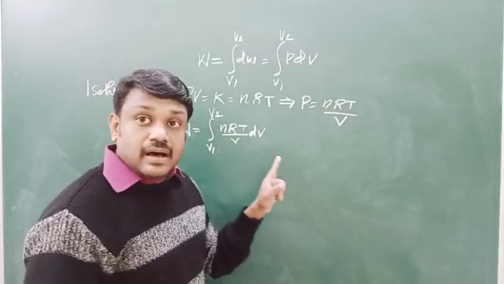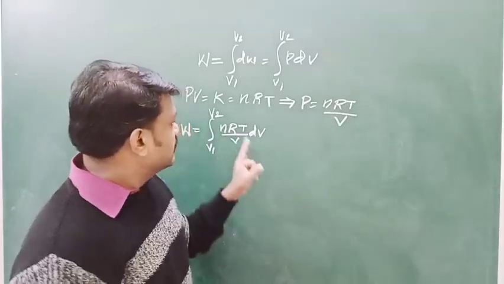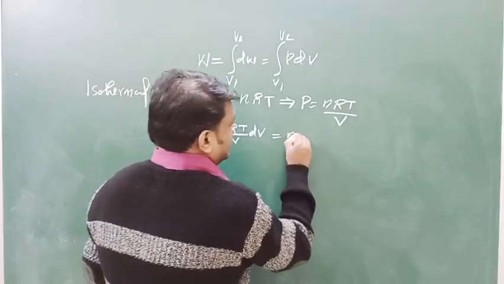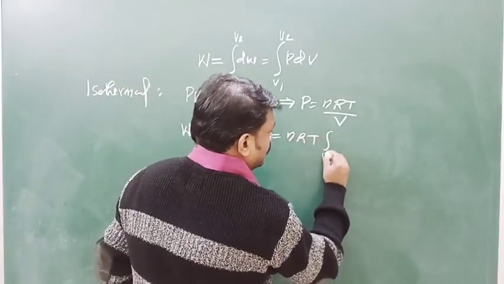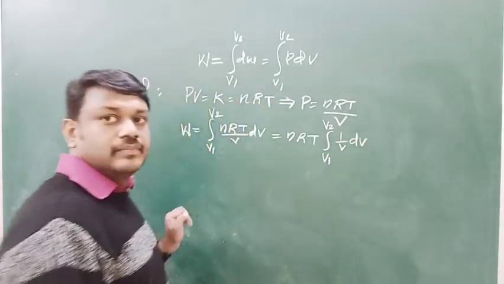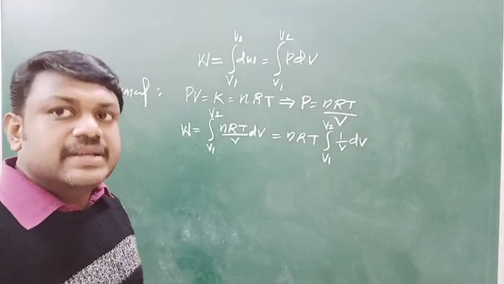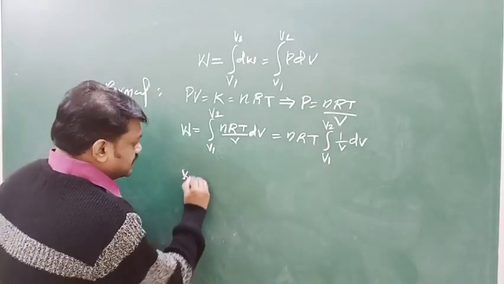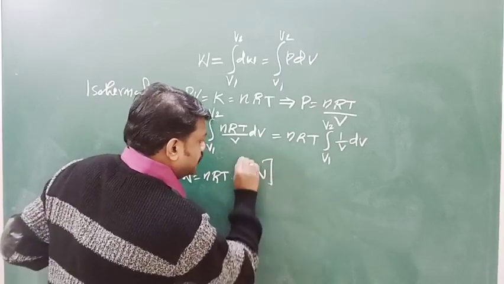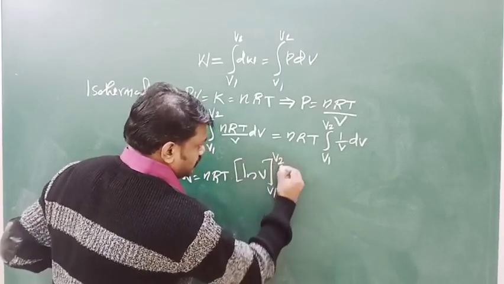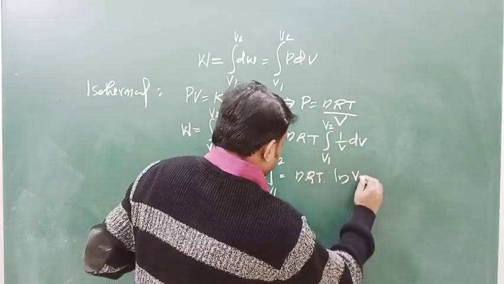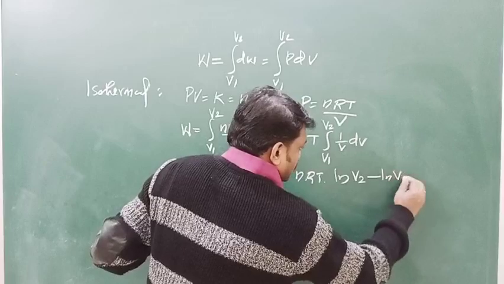n is constant, R is the universal gas constant, and T, the temperature, is also a constant for an isothermal process. All the constants you can take out: nRT into the integral V1 to V2 of 1 by V dV. What is the integral of 1 by V dV? That is log V. So W is equal to nRT into log V within the limits V1 to V2, which is nRT into log V2 minus log V1.